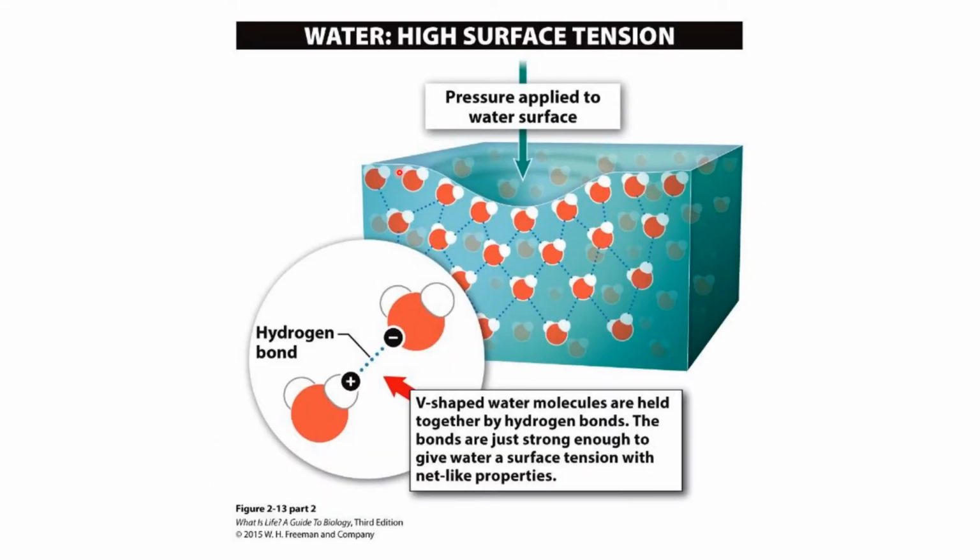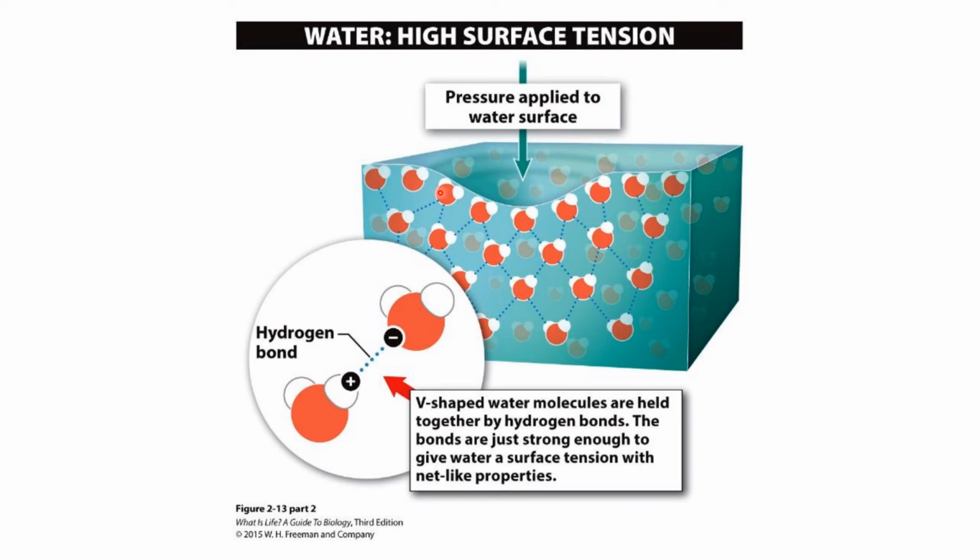So one more time, if here is a lake, at the top of the lake you will have the surface tension. The reason you have that surface tension at the top is that the hydrogen bonds between the water molecules closer to the surface are even stronger than the hydrogen bonding deep within the water.